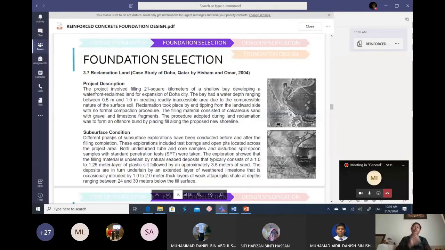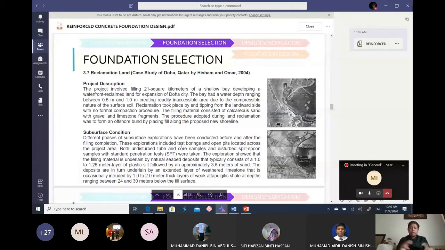So we have to fill the soil on top of the area that we're going to reclaim, and then we have to do compaction, and this is where the soil improvement happens. Then we have to do subsurface exploration. This exploration included test boring and open pits located across the project area. So you have studied this process in geotechnical laboratory.